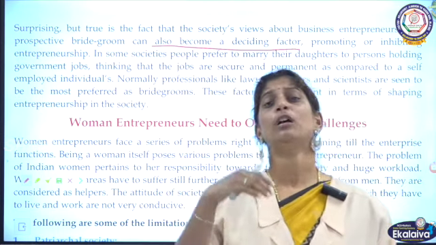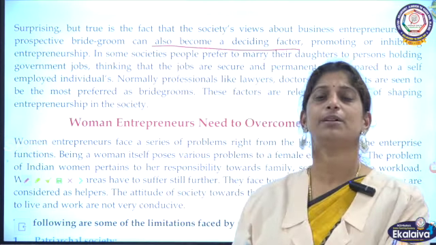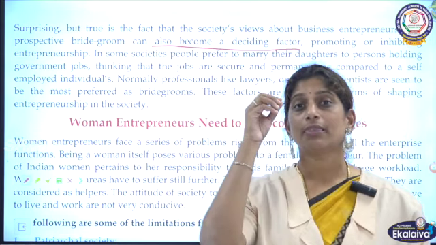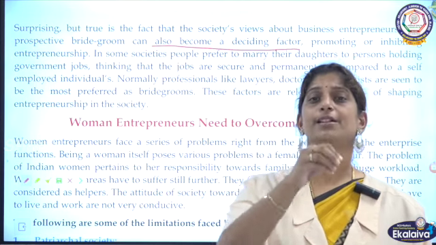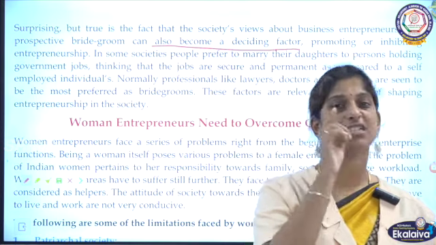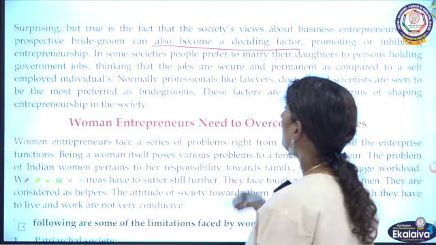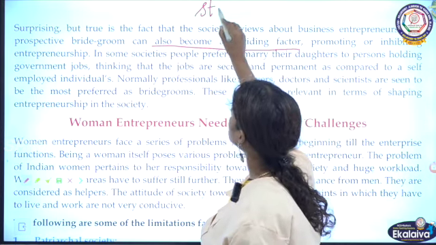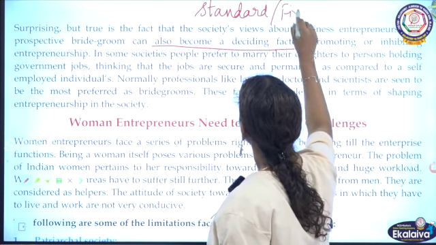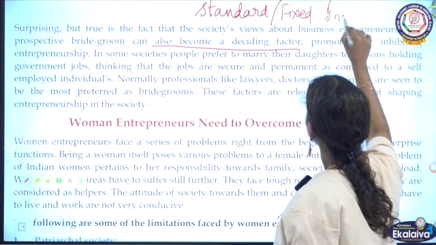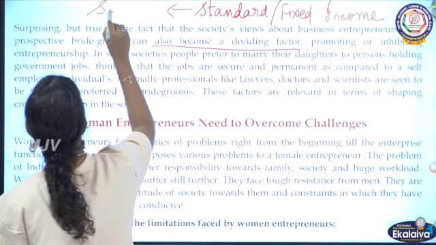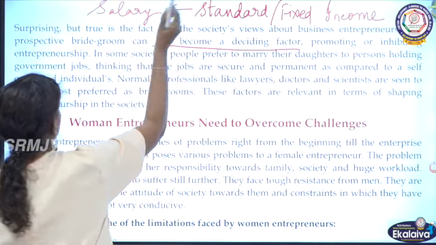They are ready to give their daughter to a salaried person but not to a businessman because they always think that there is no proper standard income for this person. So, people always expect a standard or fixed income to be on the safer side. So this is usually the salary they get, right?